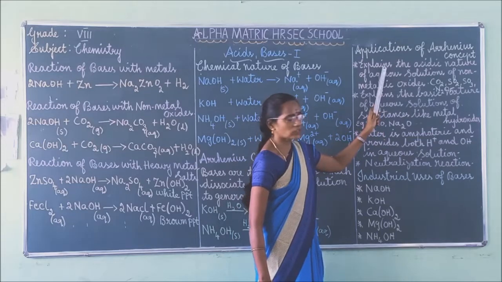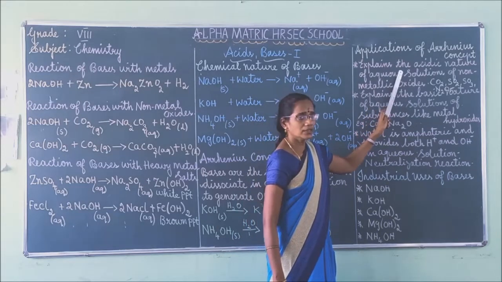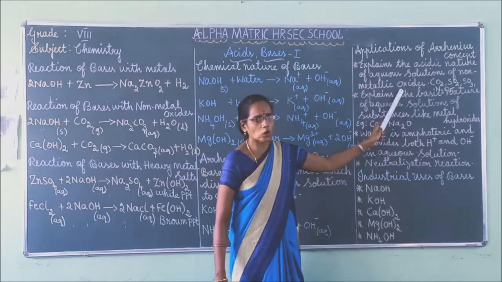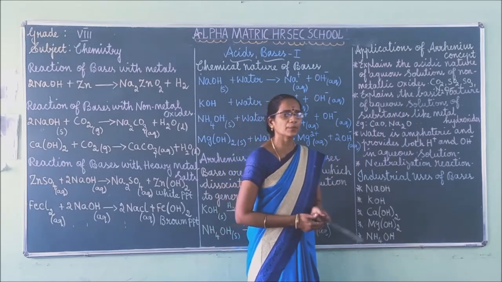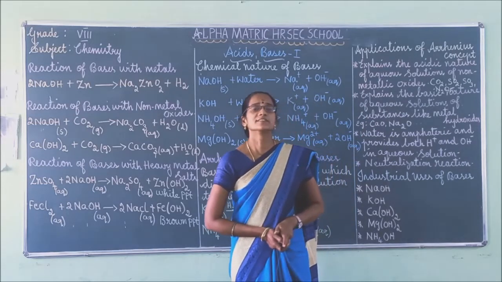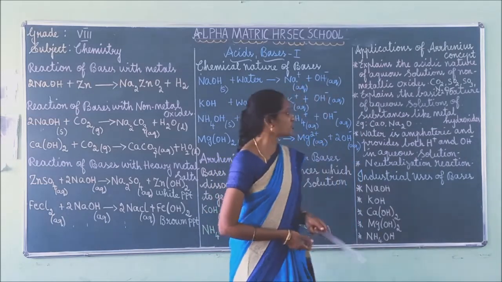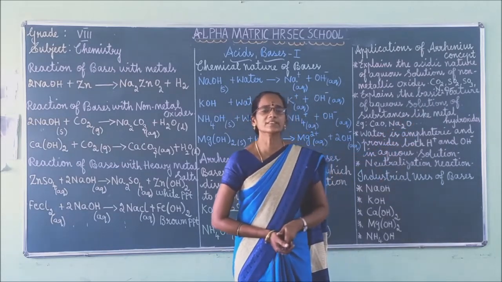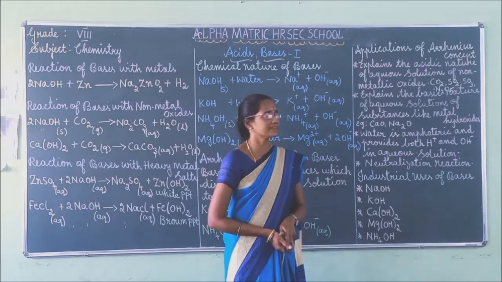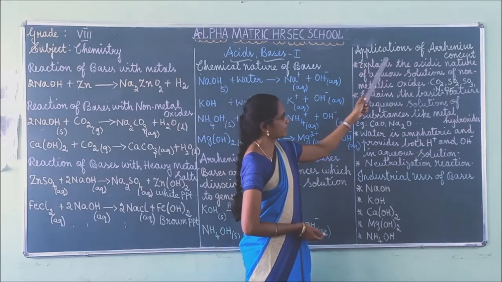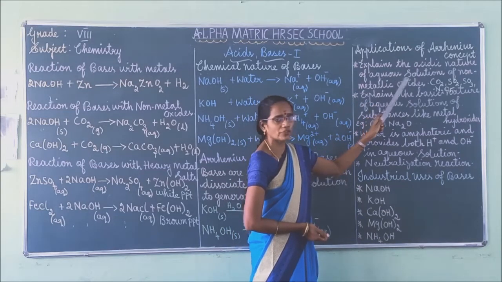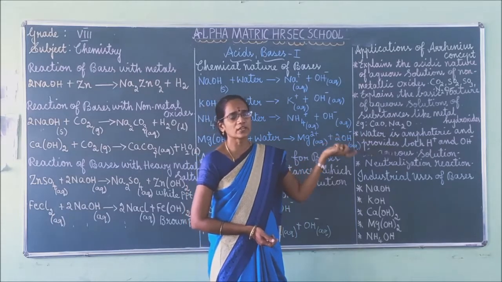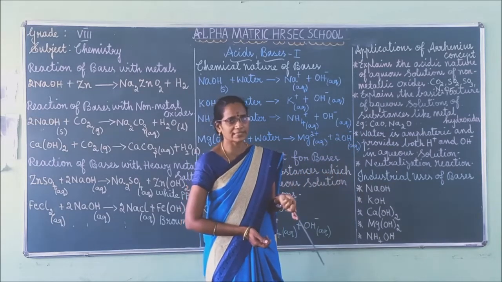Non-metallic oxide examples are carbon dioxide, sulfur dioxide, sulfur trioxide, dinitrogen pentoxide. These are some of the non-metallic oxides. So this Arrhenius concept explains the acidic nature of aqueous solutions of non-metallic oxides such as carbon dioxide, sulfur dioxide, dinitrogen pentoxide, etc.